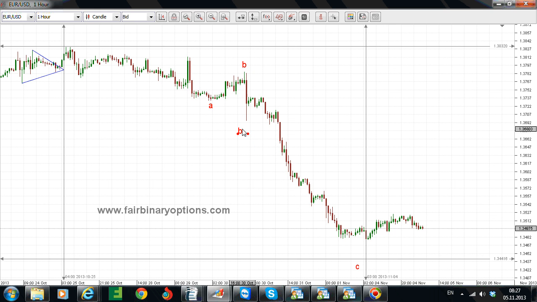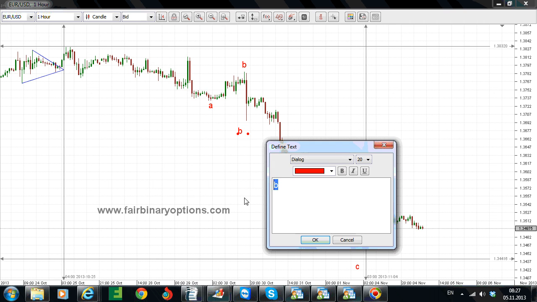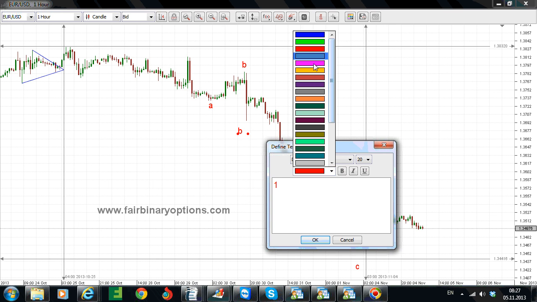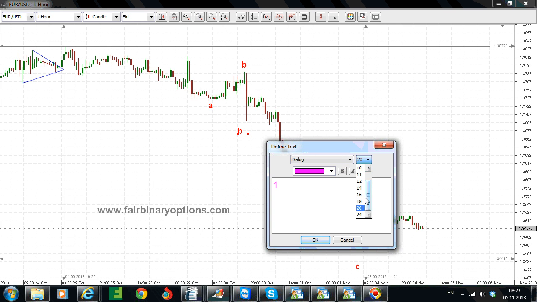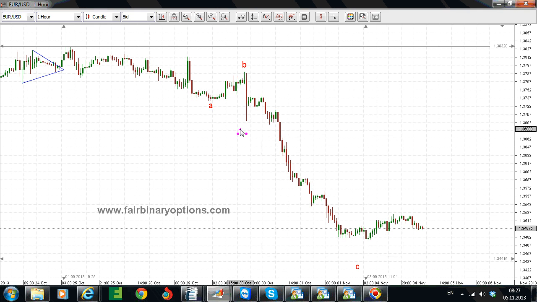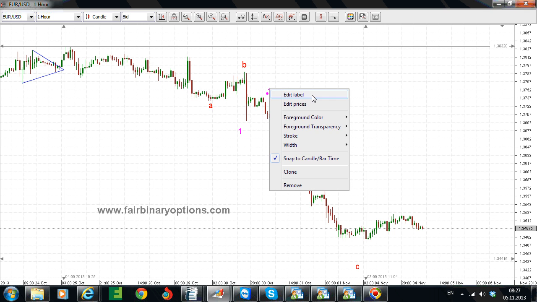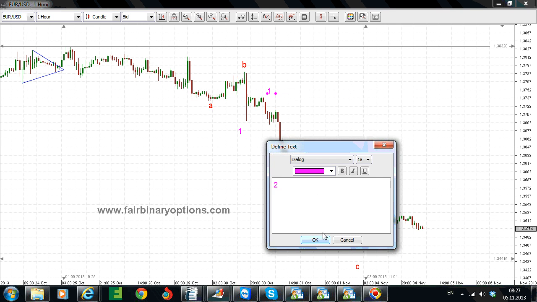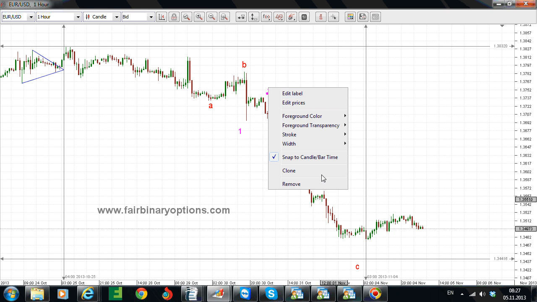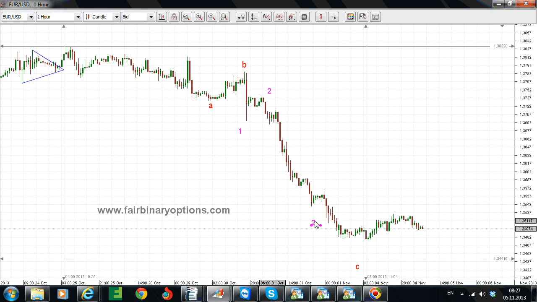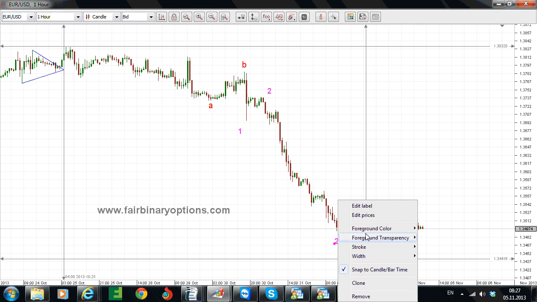So of a lower degree, this one should be labeled 1. Let me change the color for it and also make it a bit smaller so that we know that this is of a lower degree. And of course the second wave somewhere around here, either to the upside here or here, it doesn't really matter, as long as at least one wave is expanded more than 161.8 of the next longest wave.